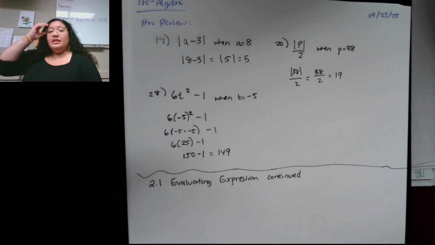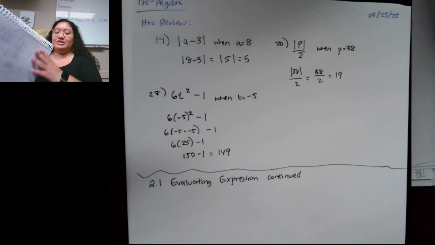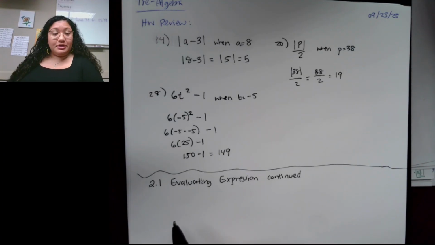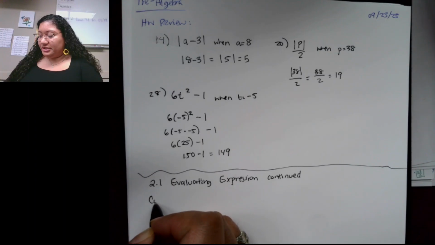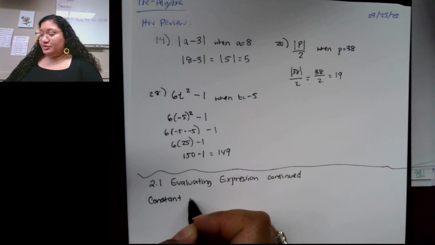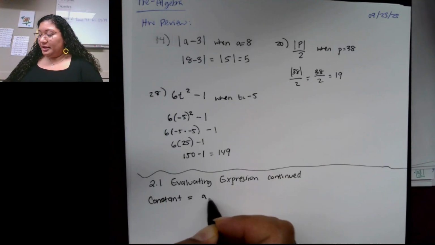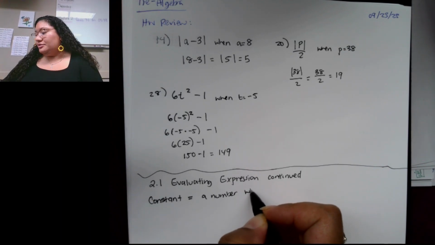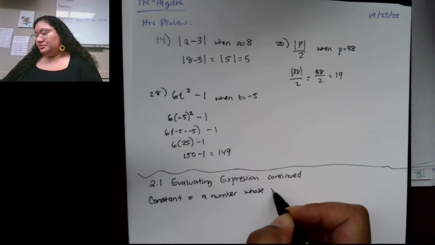Okay. Now, when we are evaluating expressions, we need to be able to identify the different portions of our expressions. So we got something that's called the constant. This will always be a number whose value does not change.